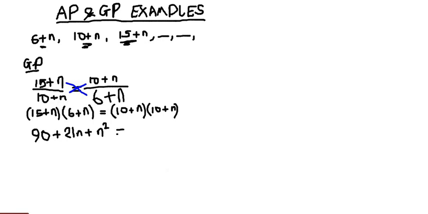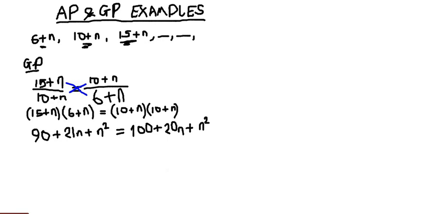The other side of the equation, expanding 10 plus n multiplying 10 plus n, should give us 100 plus 20n plus n squared.